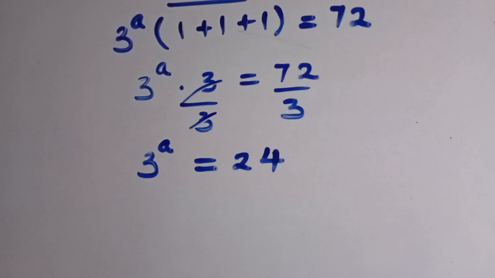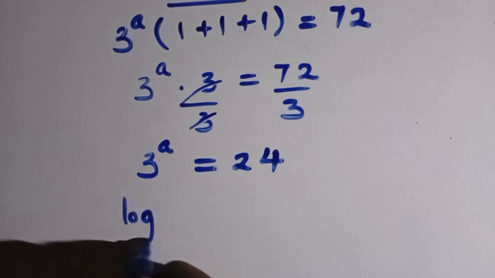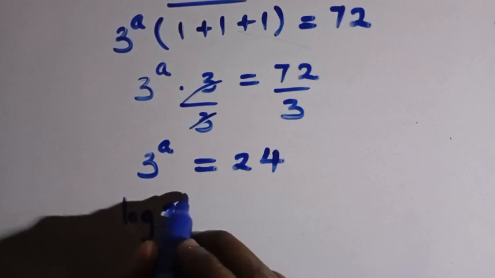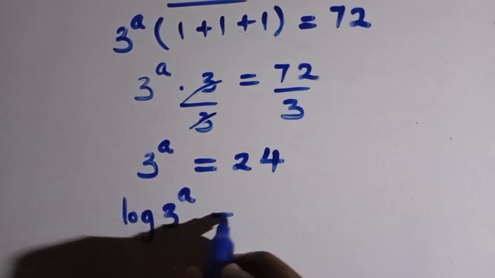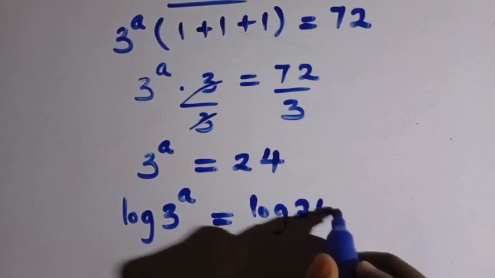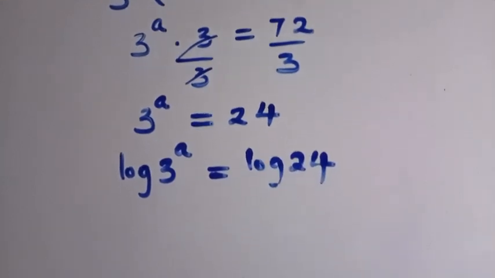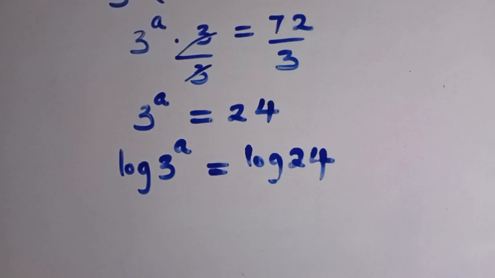So by introducing logarithm to both sides, we have log 3 power of a equals log 24. And we have to apply a basic rule of logarithm from this point.